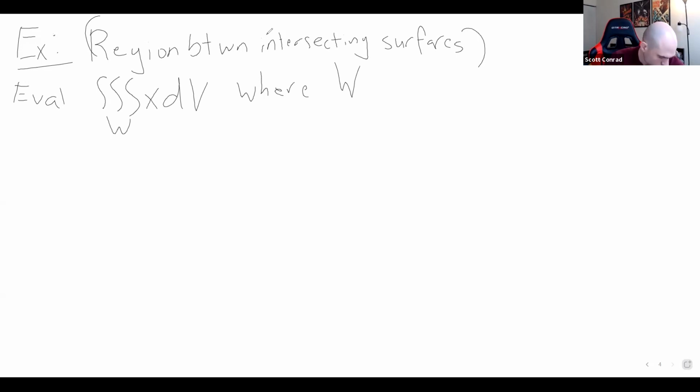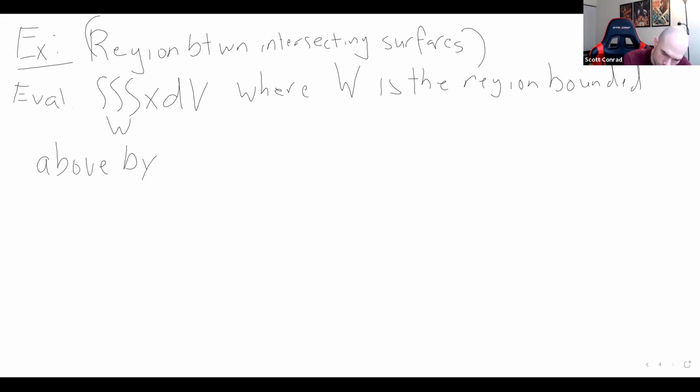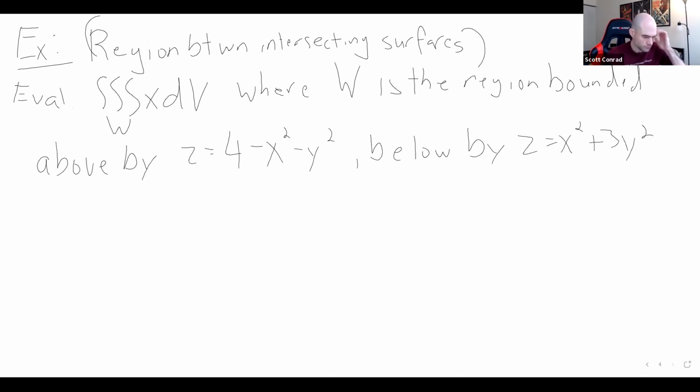So here W is going to be the solid region bounded above by z equals 4 minus x squared minus y squared, and below by z equals x squared plus 3y squared. And let's say this lies in the first octant.